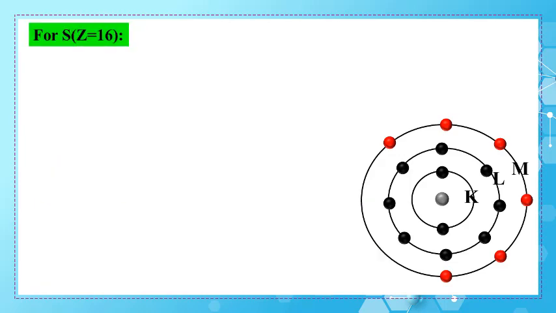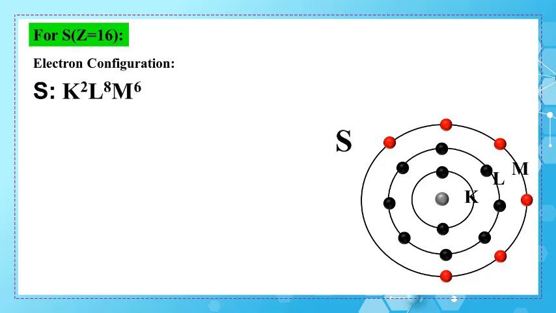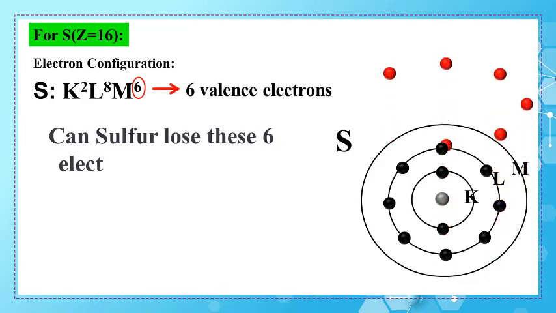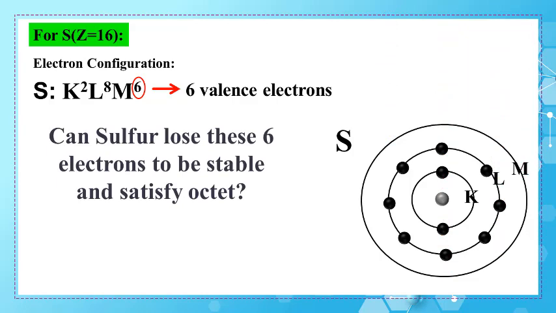Now for sulfur having Z equals 16, the electron configuration of sulfur is K2L8M6. It has 6 valence electrons on its valence shell M. Can sulfur lose these 6 electrons to be stable and satisfy octet? Of course not.